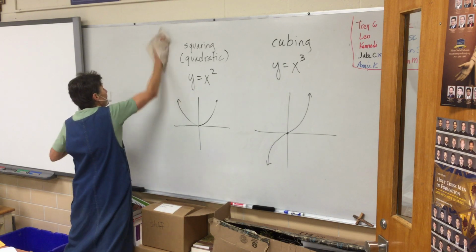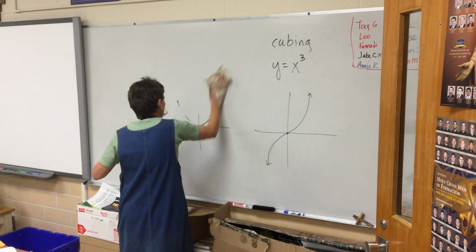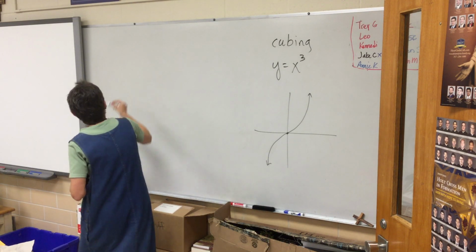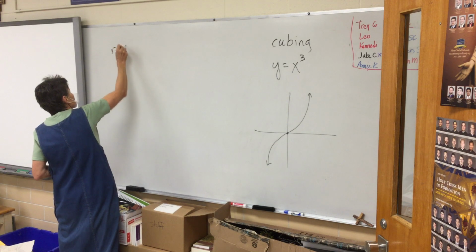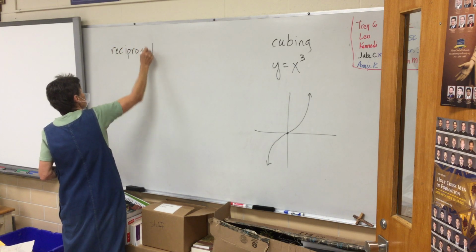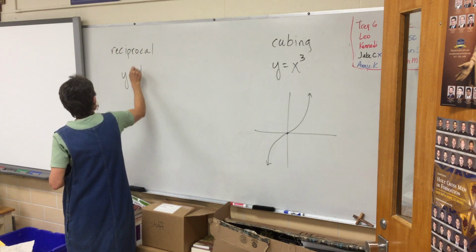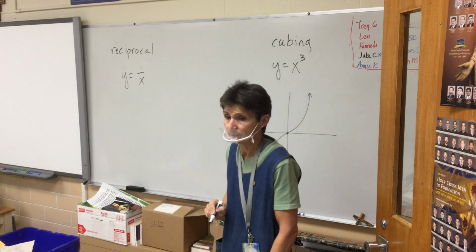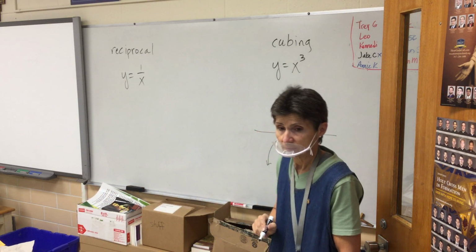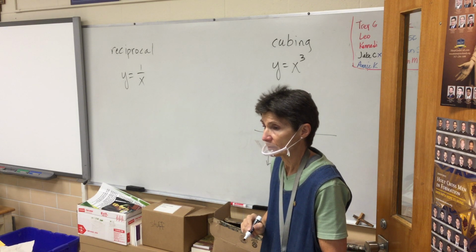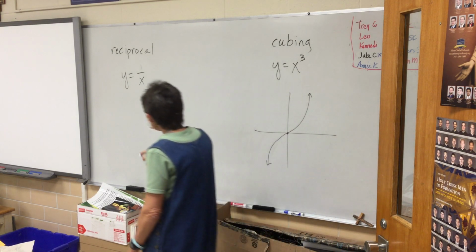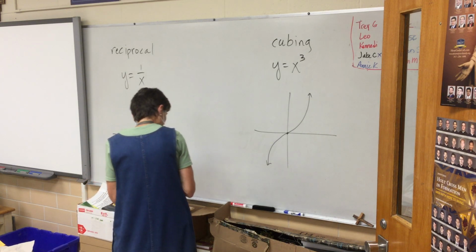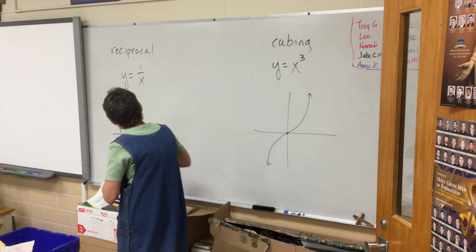So then we've got, which one's next? Again, order doesn't matter. Reciprocal function. So the name is reciprocal, and the equation is simply 1 over x. Y equals 1 over x. And its shape is a little bit different than the other ones.